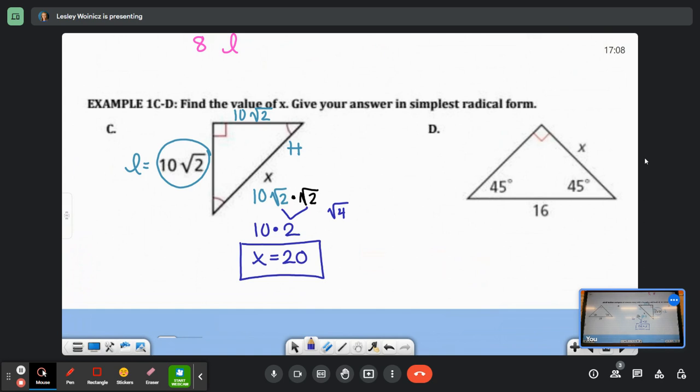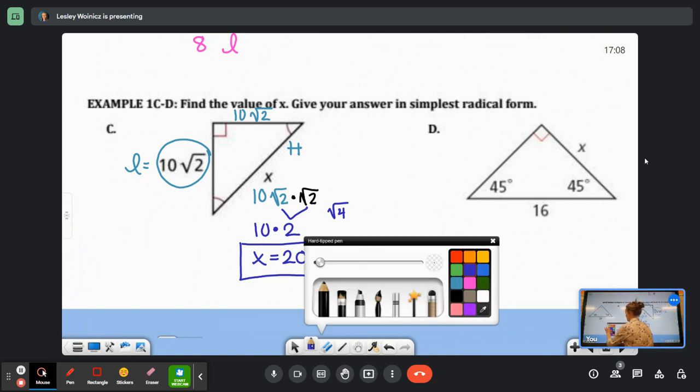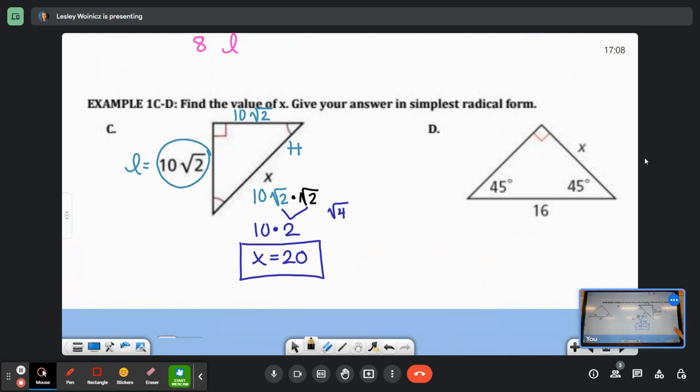Now, what if they had given me the opposite kind of information? Let me draw this smaller. Sorry, that's too big. Okay, let's say, for example, that they had told me here's a right triangle.